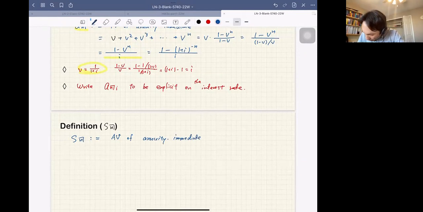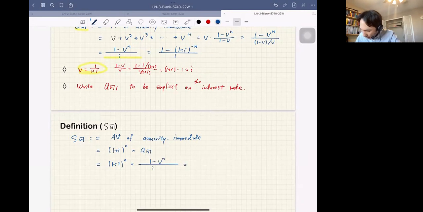So this is equal to (1 plus i) to the nth power times a angle n. So this is equal to (1 plus i) to the nth power times (1 minus v to the nth power) over i.